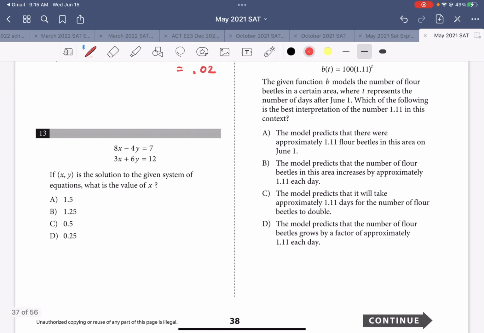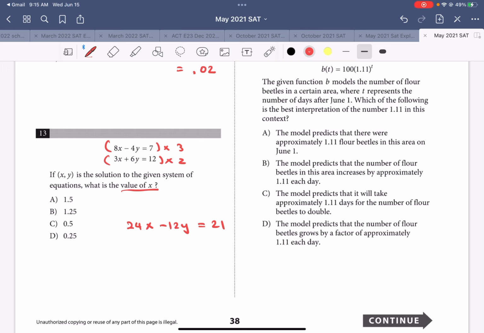Number 13, x, y is the solution of the given system of equations. What is the value of x? So they ask you only the x value. So I'm going to get rid of the y value. To do that, I'm going to make it 12. So this one times 3, this one times 2, the entire equation, to match the coefficient of y. Then 24x minus 12y equals 21.